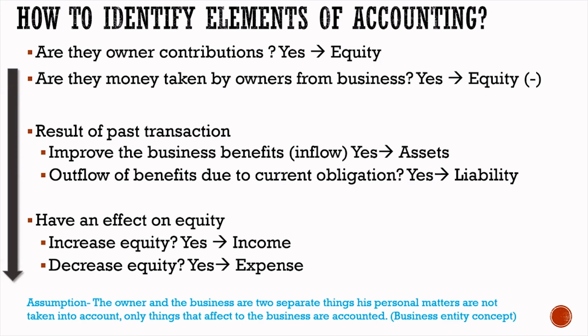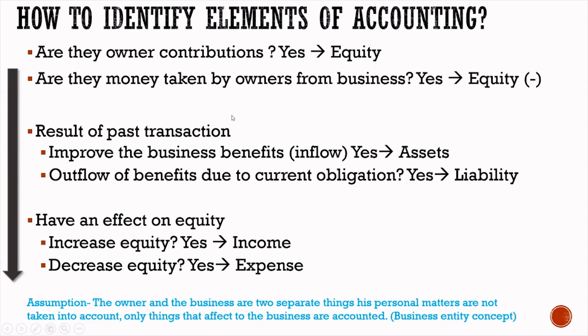So now if there's a transaction, first think, is it an owner's contribution, right? Is the owner giving that amount? If it is yes, it will be going to the equity. But is it something that the owner is taking money, right? Then if that transaction is about owner taking money, you should directly reduce that amount from equity.